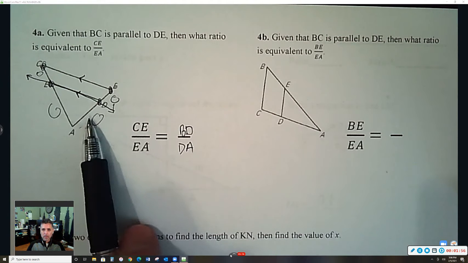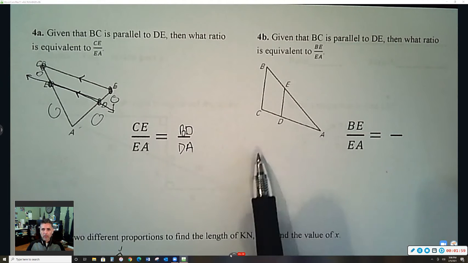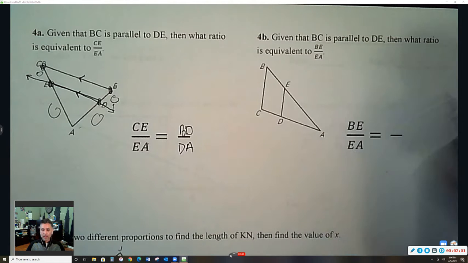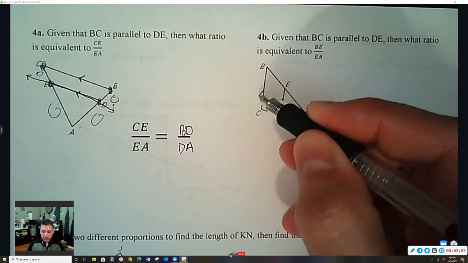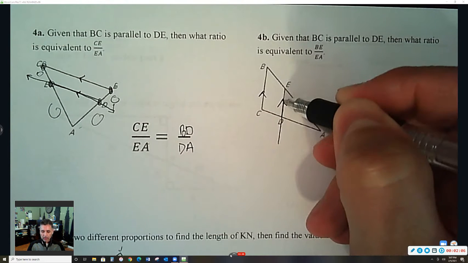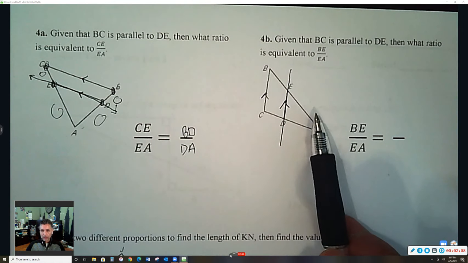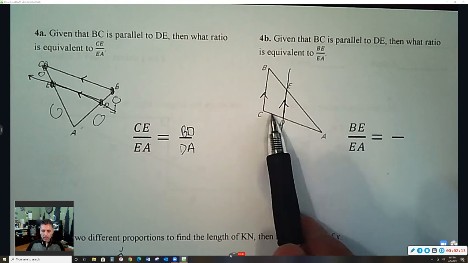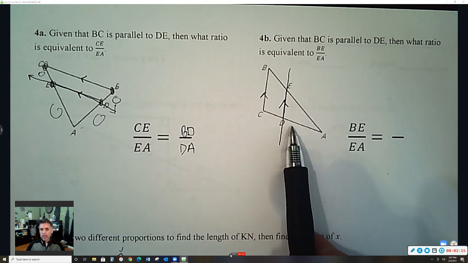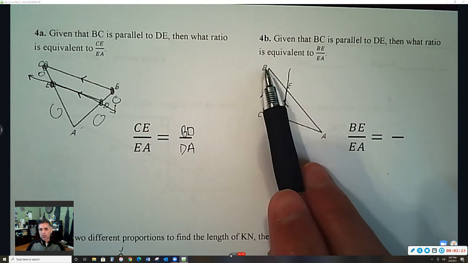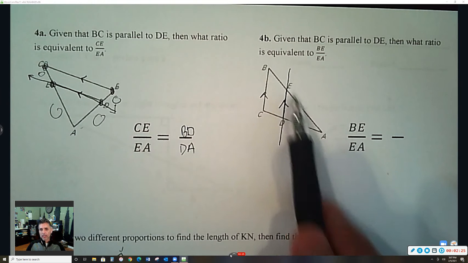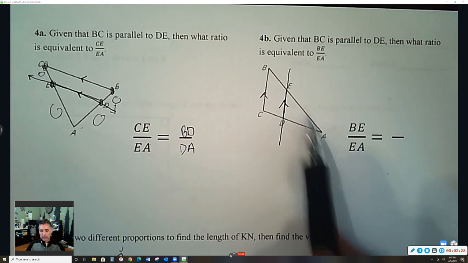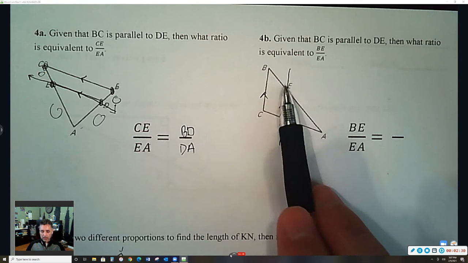Okay, let's see how it is over here. It says BC is parallel to DE. So again, this side is parallel to this one, and it intersects the triangle. When it intersects it, it breaks it up into 1, 2, 3, 4 pieces, and those side lengths are proportional. So here we have BE and then EA.